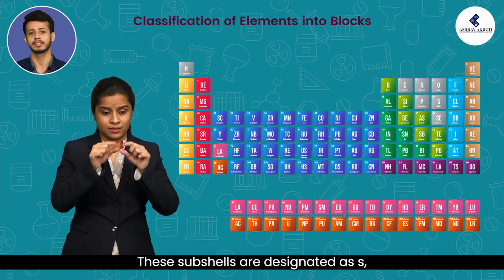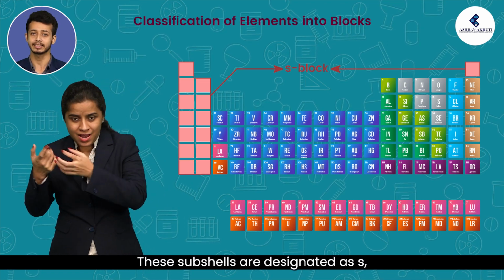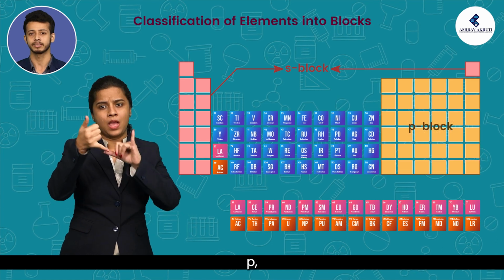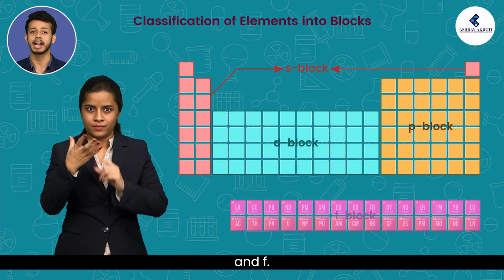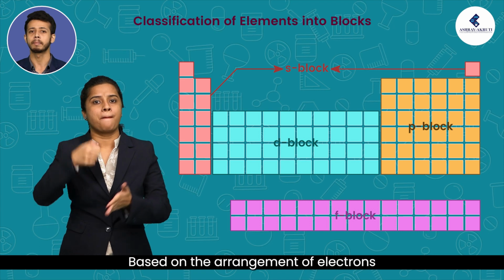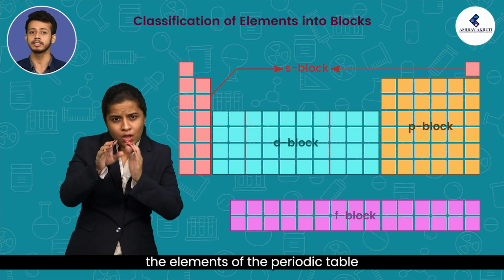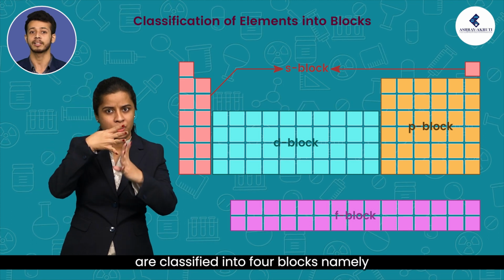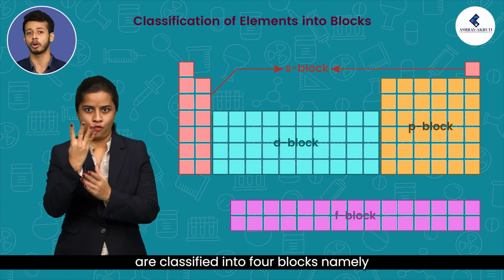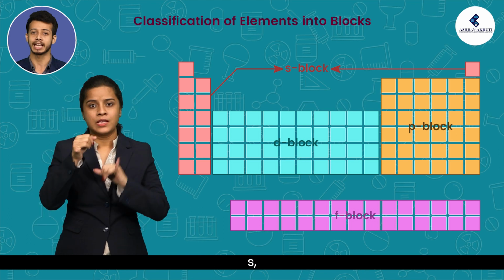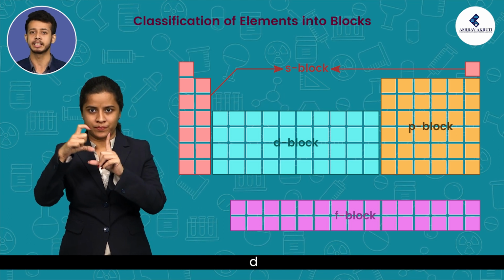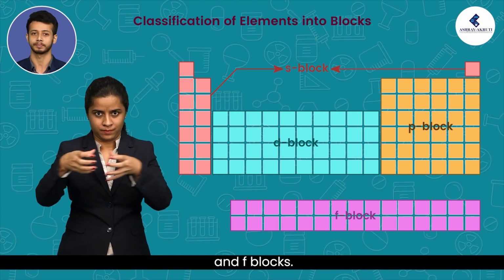These subshells are designated as s, p, d and f. Based on the arrangement of electrons in subshells, the elements of the periodic table are classified into 4 blocks, namely s, p, d and f blocks.